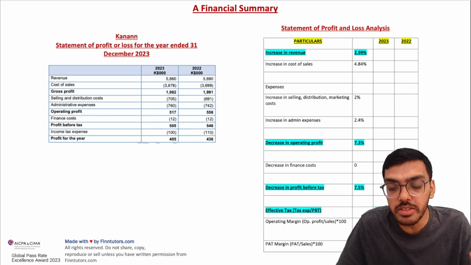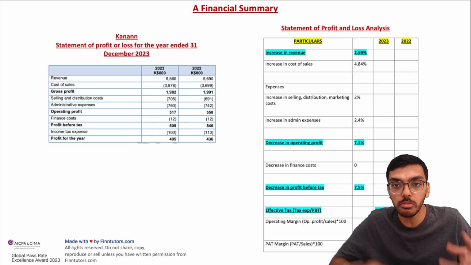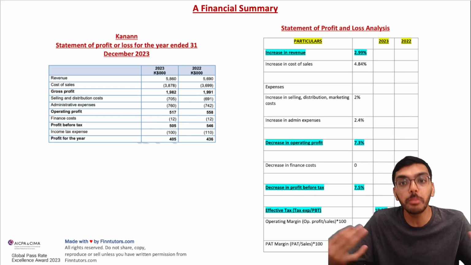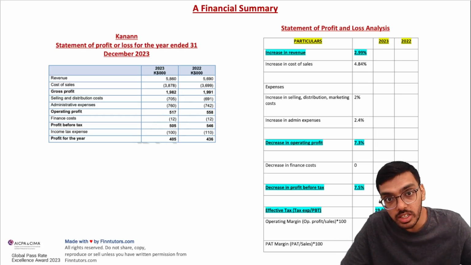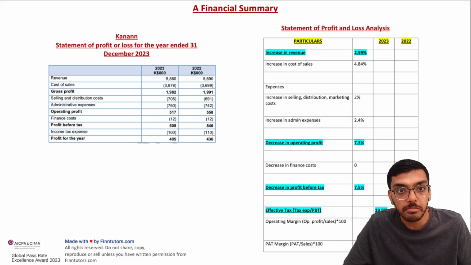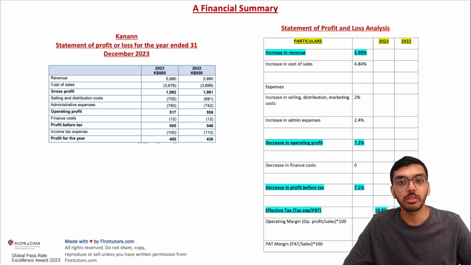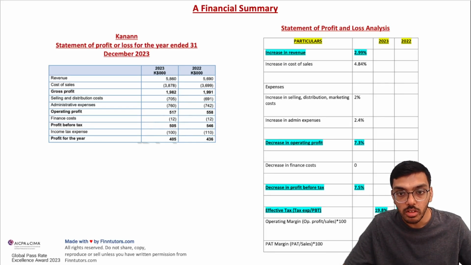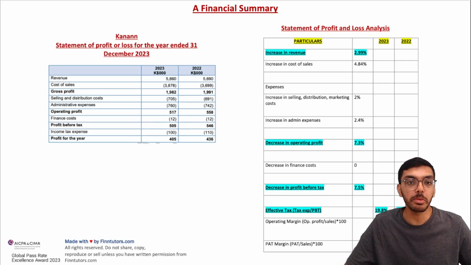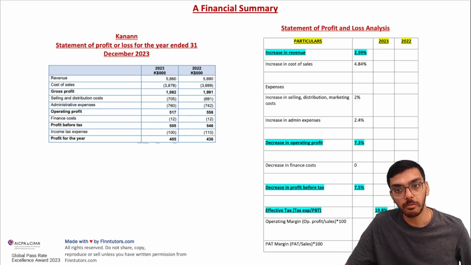So further evidence that a new costing system could be implemented or should be implemented to understand our costs in a better way. And this led to a very steep decrease, close to 7-8% decrease in our operating profit, which is not a very healthy sign for a business. And because of this, profit before tax has also gone down.